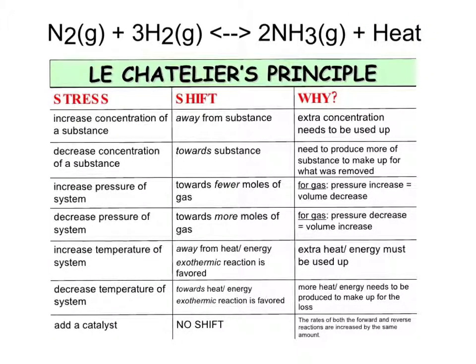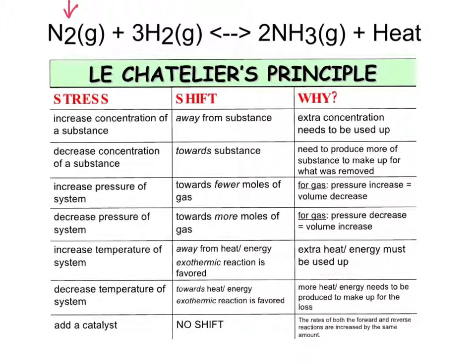All right? So let's see what happens when we upset the balance of this by adding or subtracting, putting a stress on the system. Here's my first stress. I'm going to increase the concentration of a substance. So let's add a little bit more nitrogen on here.